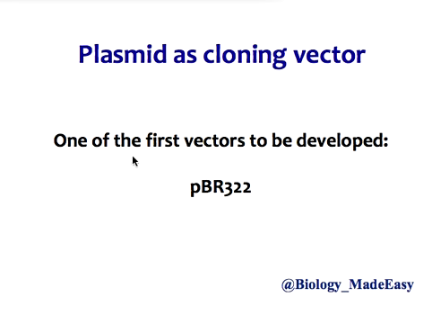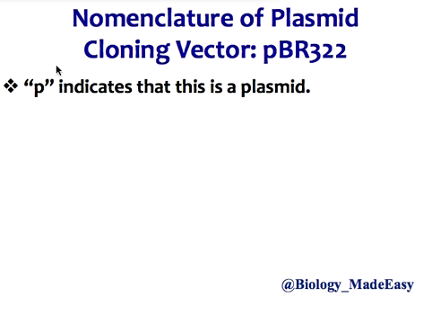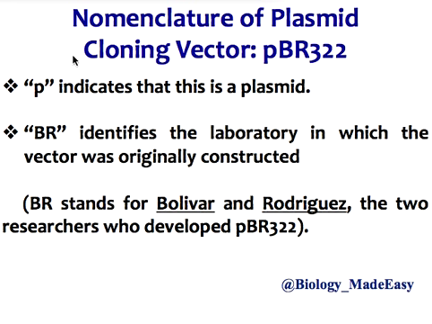pBR322 is one of the first vectors to be developed in the laboratory. Are you curious why the name is a very strange name like pBR322? That is because the p indicates that this is indeed a plasmid, and the BR identifies the laboratory in which the vector was originally constructed.